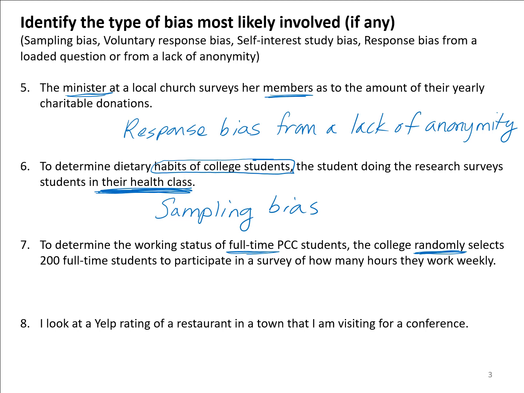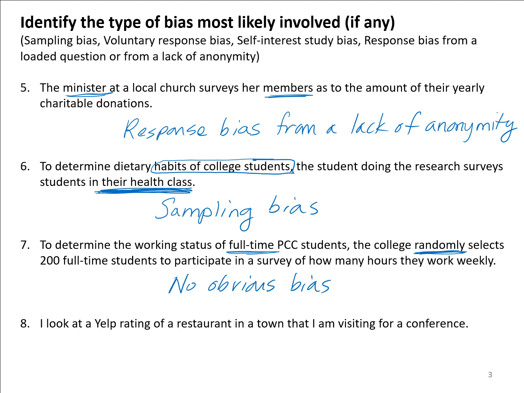We randomly selected them, so we didn't choose by volunteering people or choose by picking out of a particular type of class. So I'd say that there's no obvious bias in this one. There may be if we got more information, but just on the surface here of what we have so far, there's no obvious bias that jumps out at me.